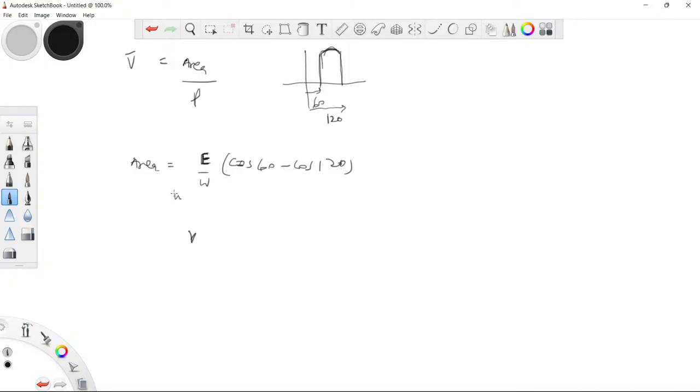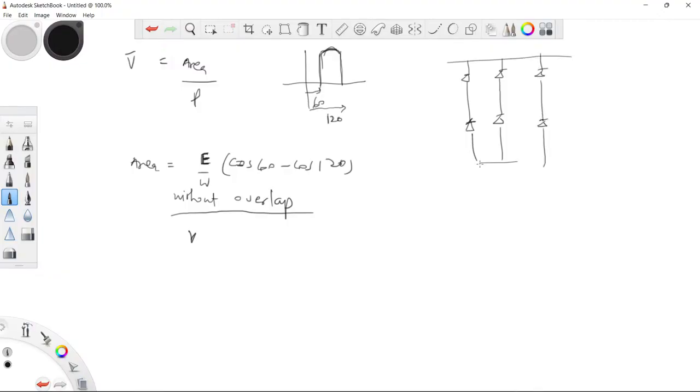without overlap, if we neglect overlap, it means that in the input supply, I do this. Now, when I was drawing the source, if I brought an inductor here like this, this inductor will bring the overlap, but here we are assuming there was no overlap.